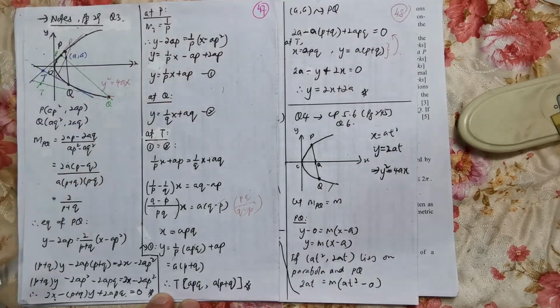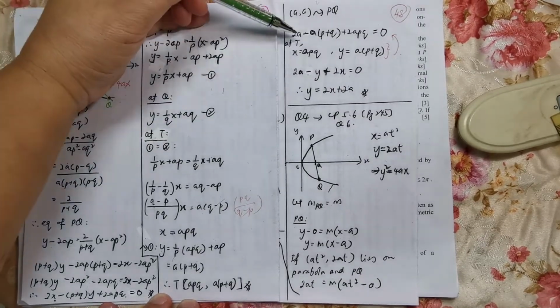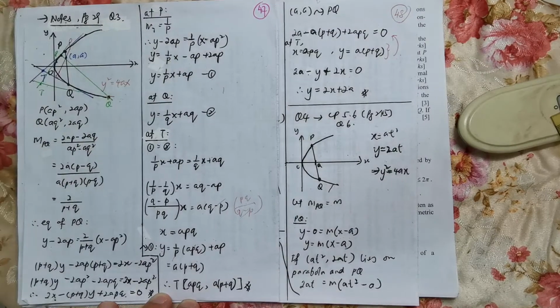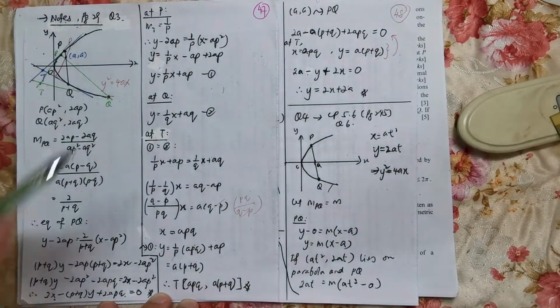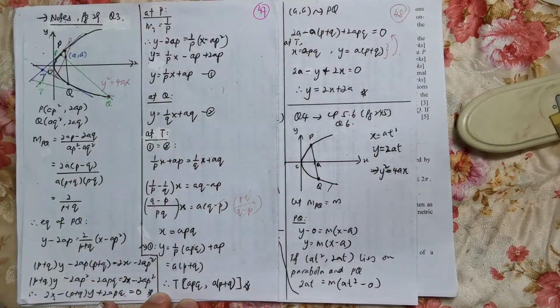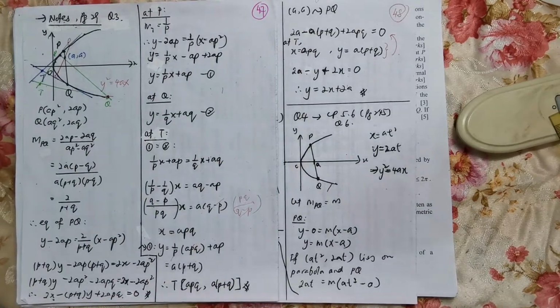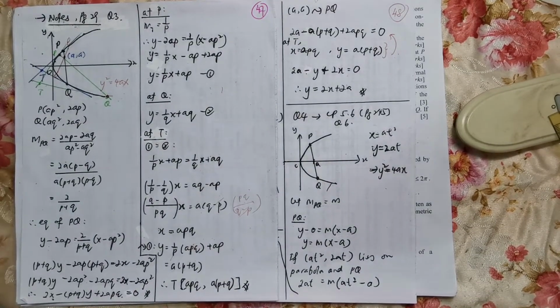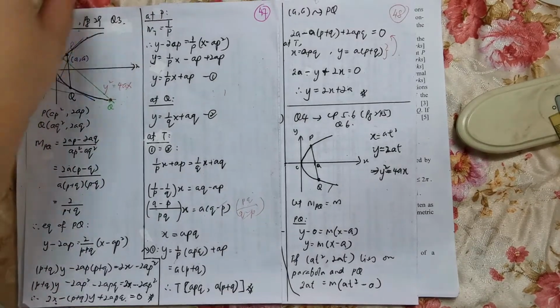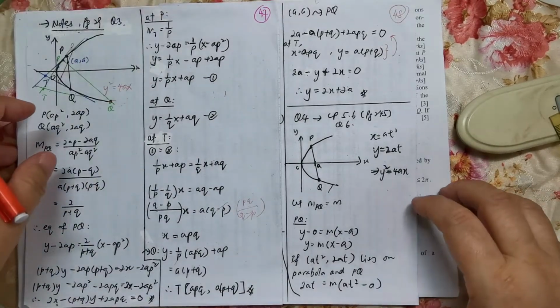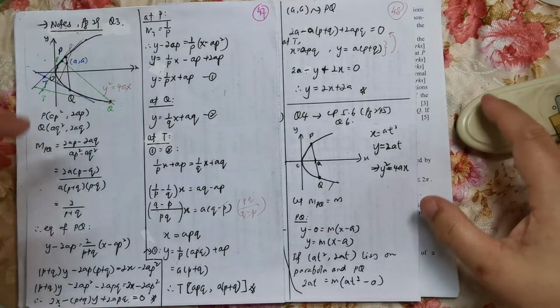Therefore, 2x becomes 2a, x is a. Then minus (p plus q) y, y is also a. Then plus 2a pq. Okay, yeah, we still use the parametric coordinate.